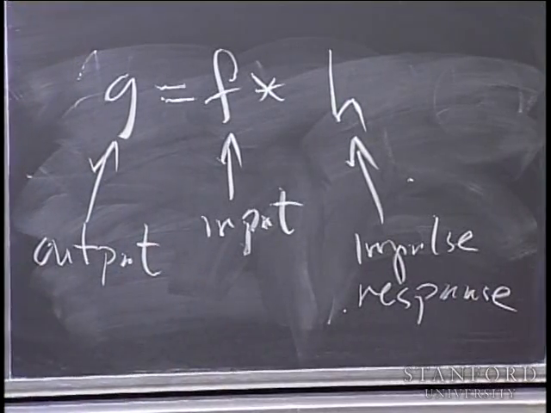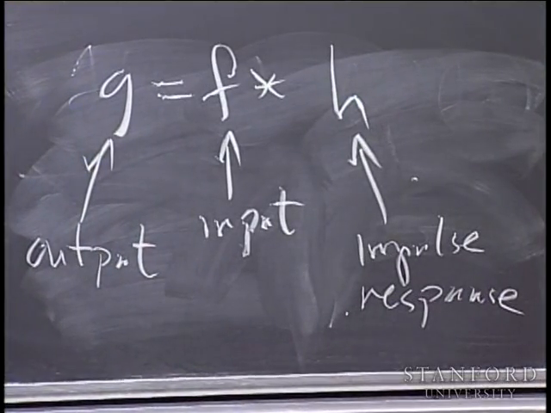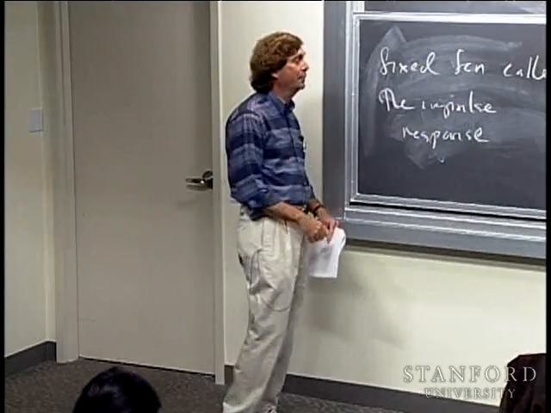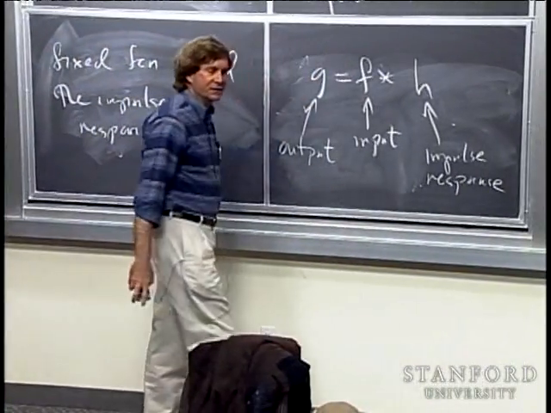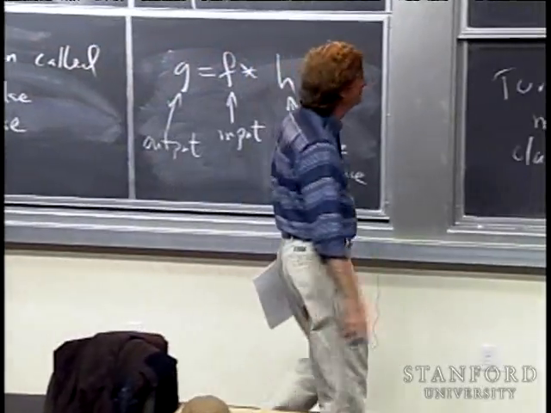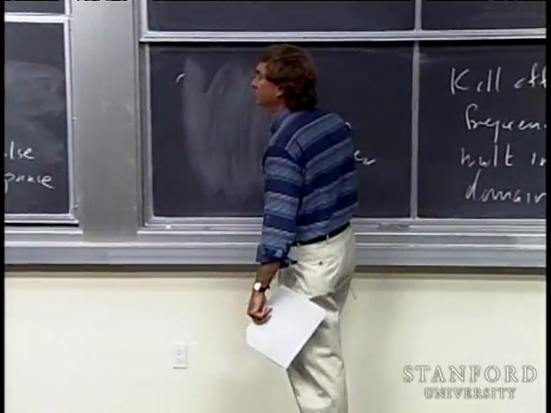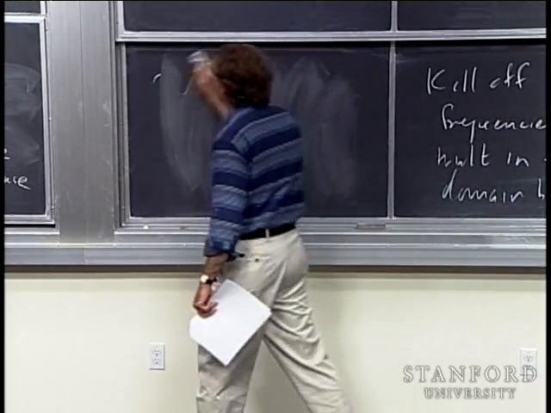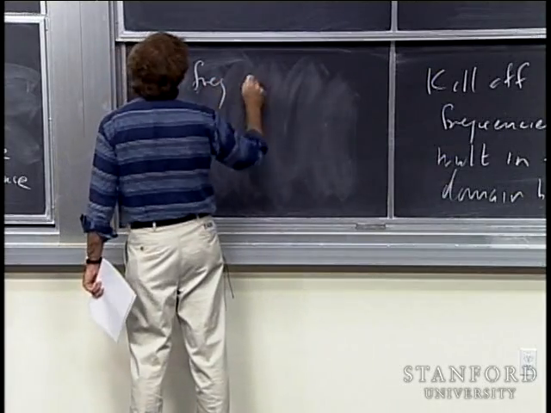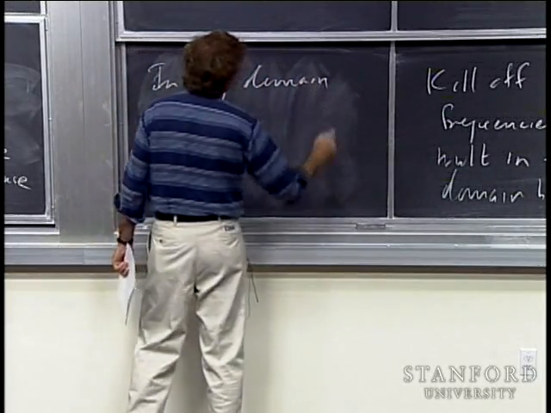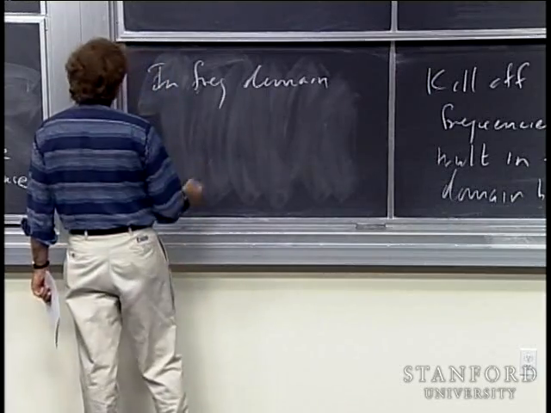Now, that's the picture in the time domain. The picture in the frequency domain is what you really think of most often when you're designing filters to accomplish a certain purpose, because the picture in the frequency domain is much simpler. It's just multiplication. So in the frequency domain, taking the Fourier transforms, let me use the uppercase notation.